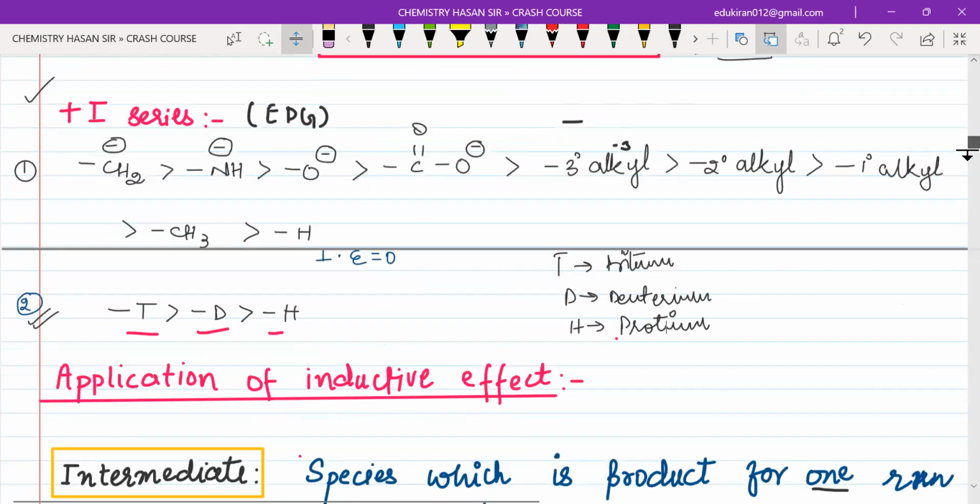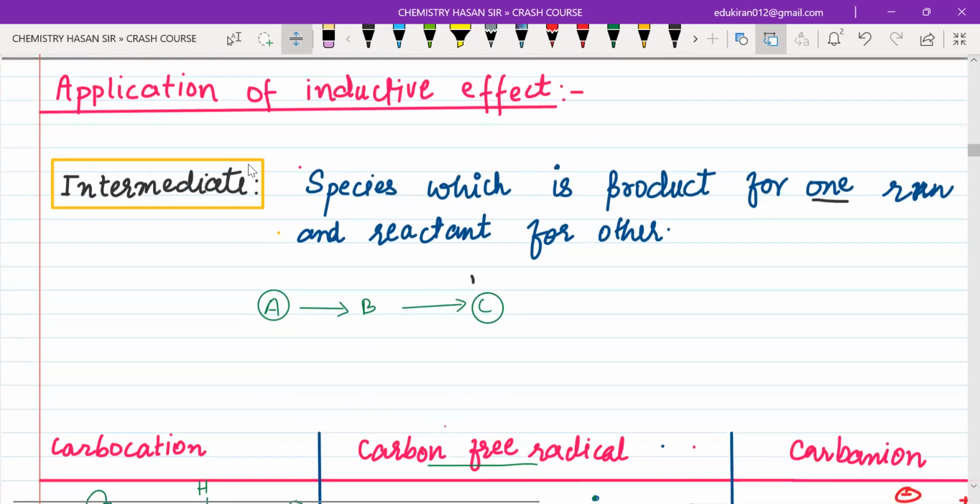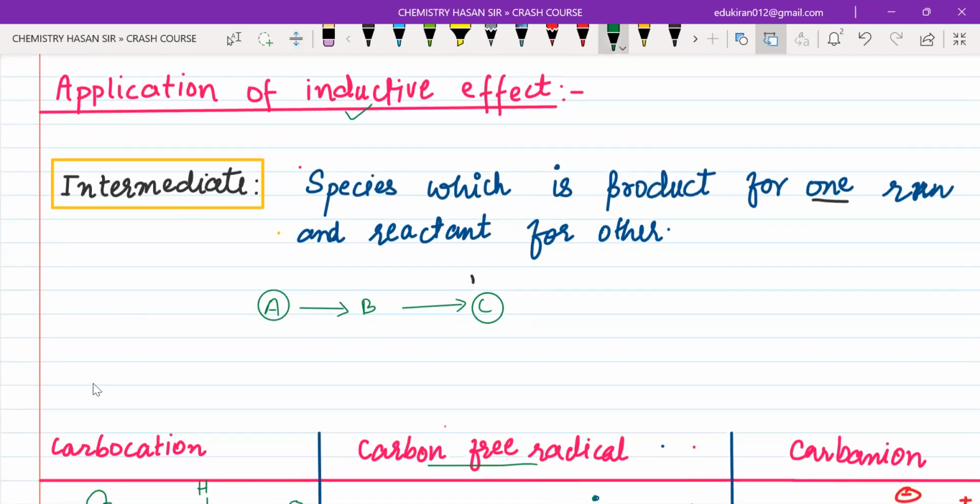Okay. Now, the next topic is the application of inductive effect. Intermediate. What is an intermediate? Basically, an intermediate is a substance which is a product for one reaction and a reactant for another reaction.